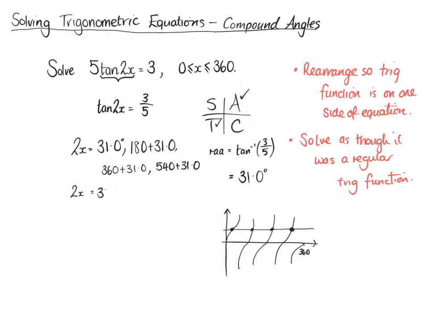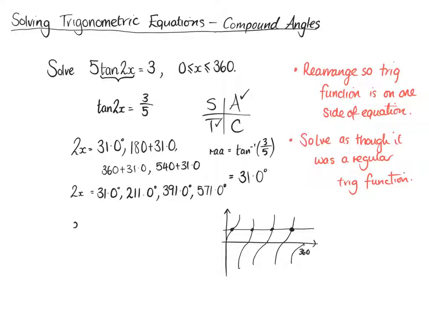So we're going to get 31.0 degrees, 211.0 degrees, 391 degrees, and 571.0 degrees.